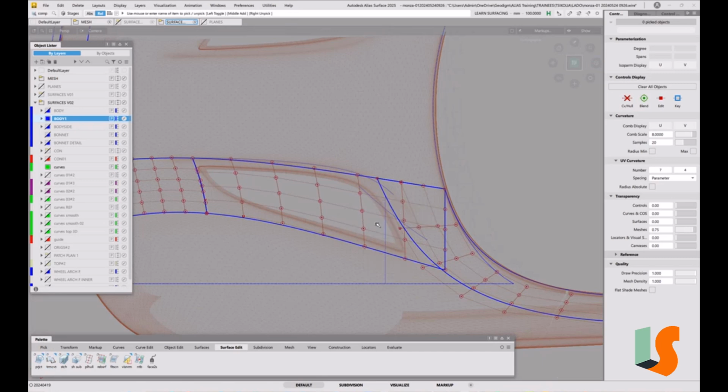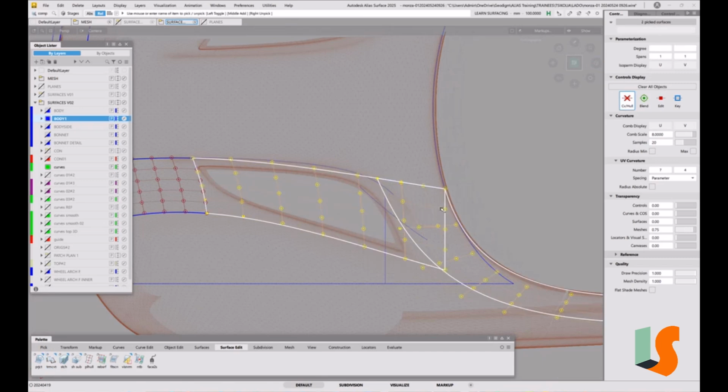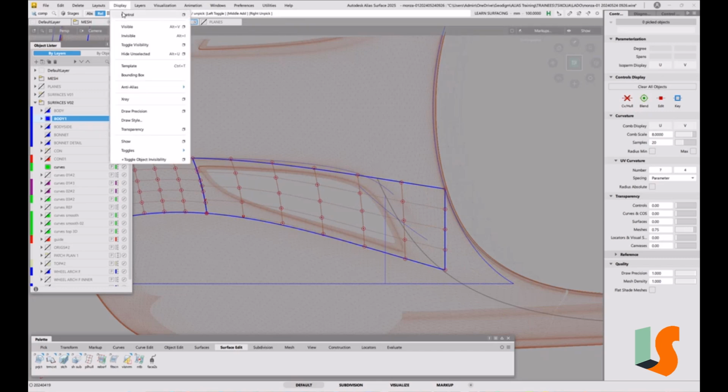Now the first thing to do, I'm going to take that surface there and just template it. So I'm using Control T, which is my way of doing that, or you can go into display template up there.